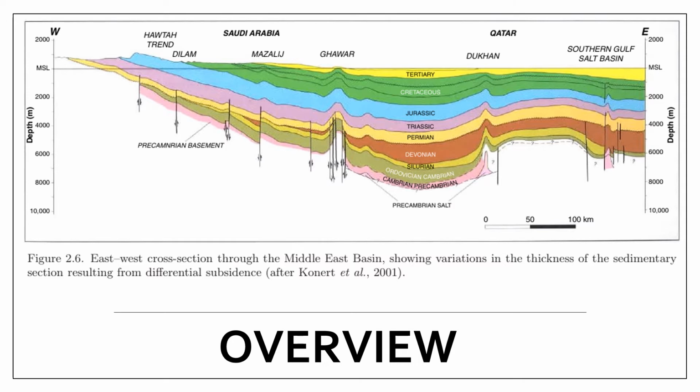It is a minimum of 8 kilometers deep. Now note that the minimum depth for sedimentary basins in order for them to generate oil and gas is 3 kilometers, while here you have more than 8 kilometers.